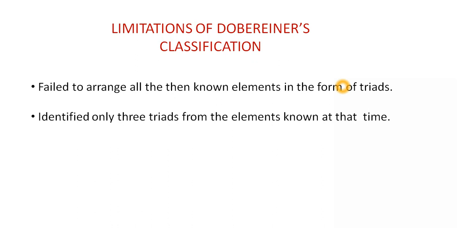That is why he failed to arrange them in triads. And next, he identified only 3 triads, which I showed you, from the elements known at that time. So that is why his classification of elements was not very successful.